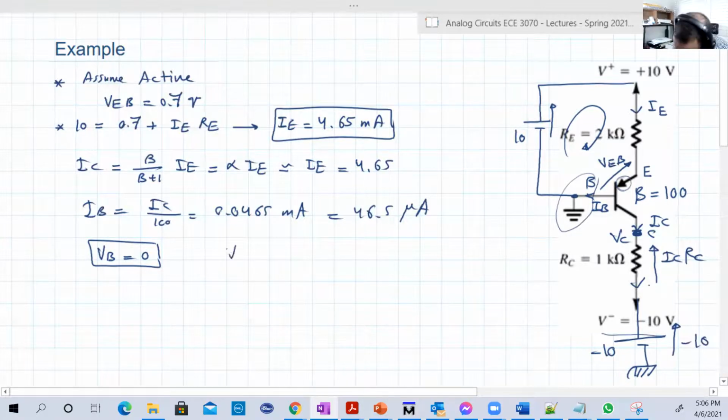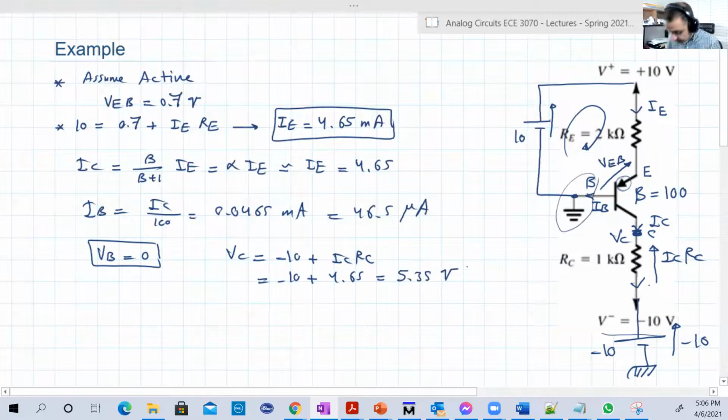So VC is equal to -10 plus ICRC. IC is known, RC is 1 kilo ohm. So -10 plus 4.65 milli multiplied by 1 kilo. Kilo will cancel milli. So you have -10 plus 4.65. It is basically -5.35 volt.